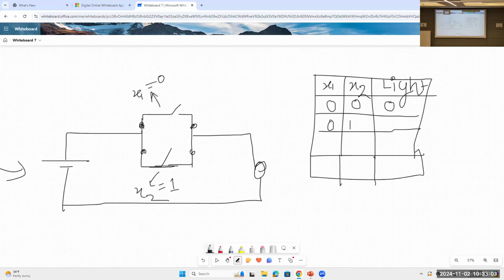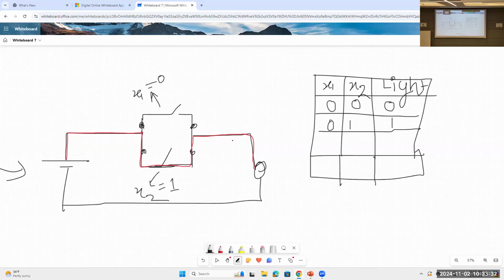Yes, right? Because there is a path. As you can see, the power supply is connected through this path to the light bulb. So the light bulb will be connected via this below line to the voltage supply. So the light will glow. So we'll represent this as 1.